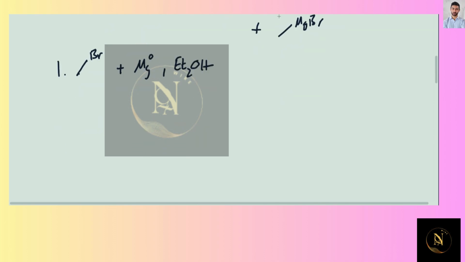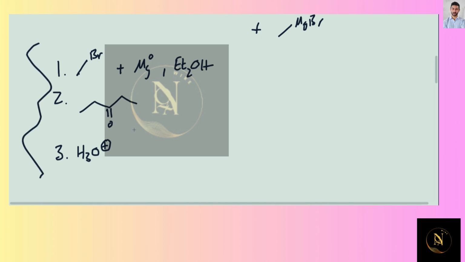Okay, that creates our Grignard reagent. Step 2, we add our ketone, and step 3, we do aqueous acidic workup, right? So that's what you would need.